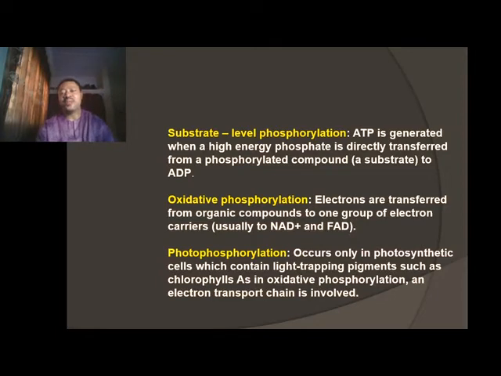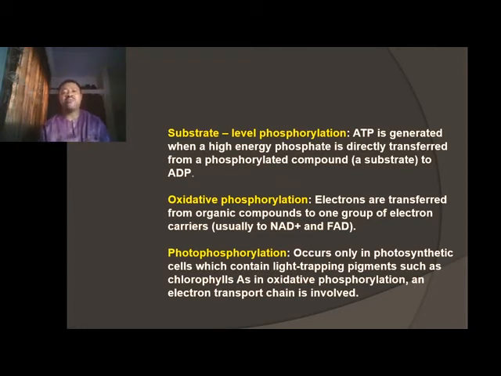I defined it here as when ATP is generated when a high energy phosphate is directly transferred from a phosphorylated compound. That compound is a substrate, and from that compound the phosphate is directly transferred to ADP. So when you have a phosphorylation that is coupled, linked with the exergonic breakdown of an organic substrate molecule, we have substrate level phosphorylation.